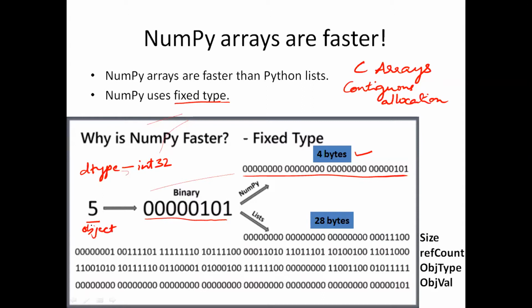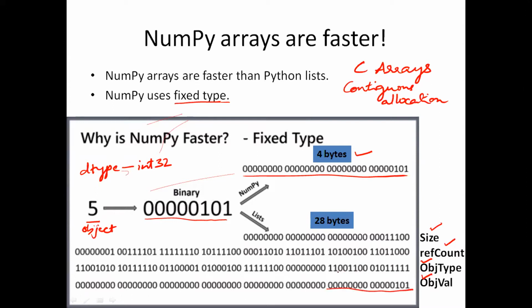List elements are objects by themselves, and every object will have its size, its reference count, the object type, and the object value. The object value is represented as 8 bytes of information.